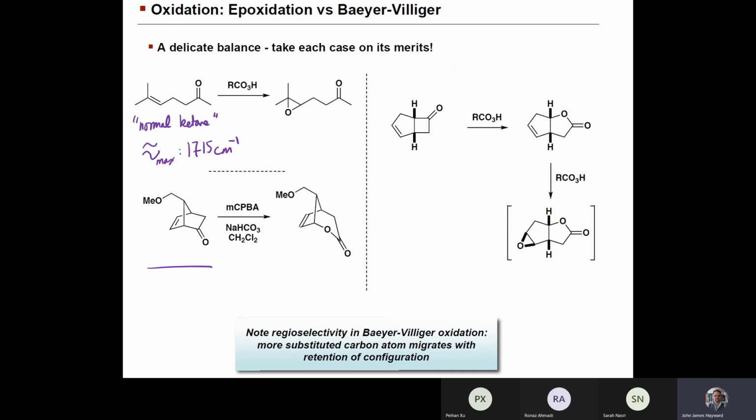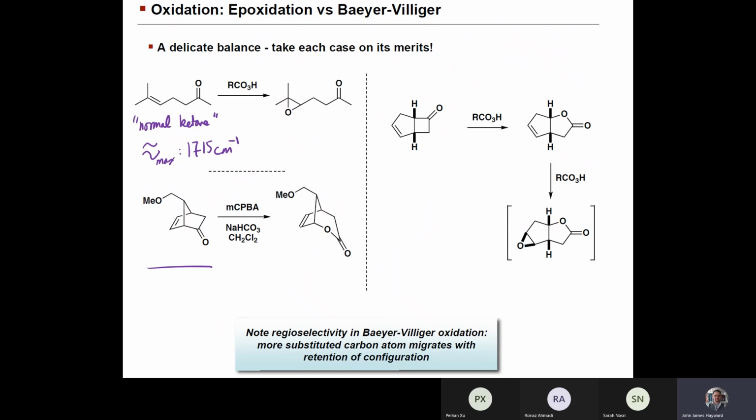That is the standard value for an unstrained ketone. Ring strain or other effects change that. So 1715 centimeters, normal ketone, nothing special about it.